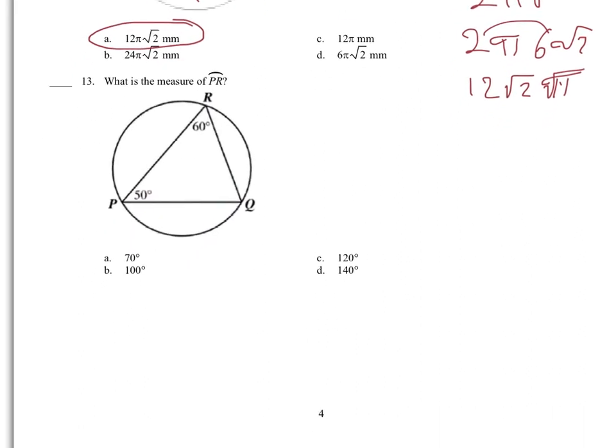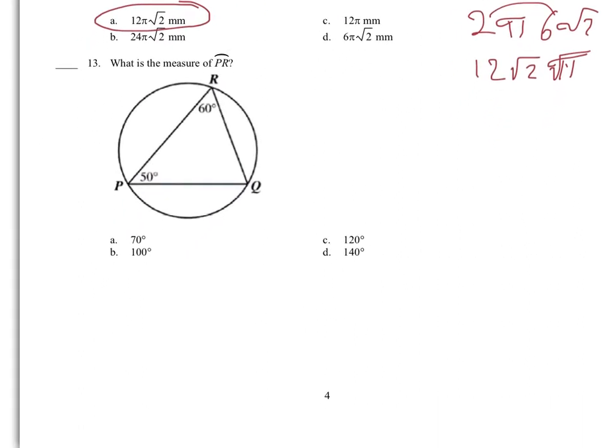Okay, number 13, what is the measure of PR? PR is this arc right here. If we know this angle, it is an inscribed angle, which means it's half of that arc. So we can find that missing angle because 60 plus 50 is 110.